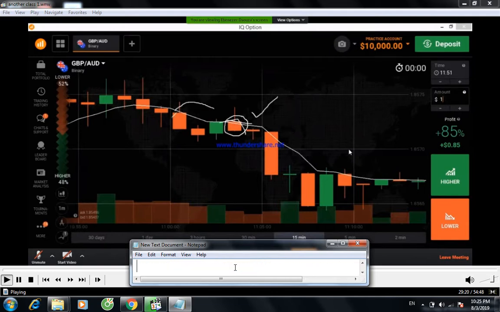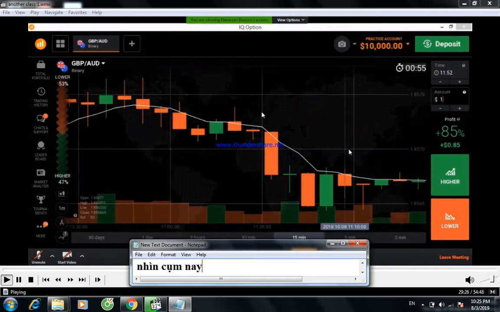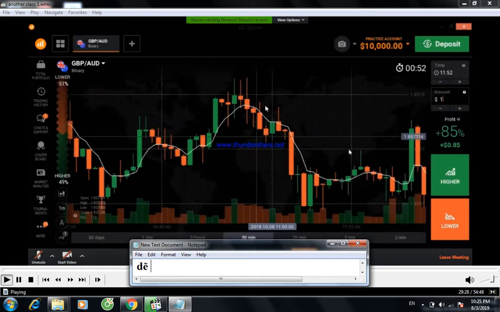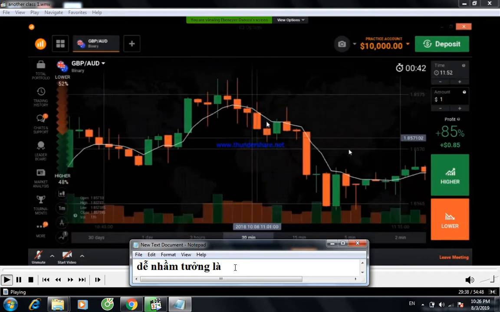Observe this pattern in your chart. Most of the time it will reverse, sometimes it will continue. This pattern will work only in a ranging market. If you see this pattern in a ranging market, it will work. It will not work in a trending market.